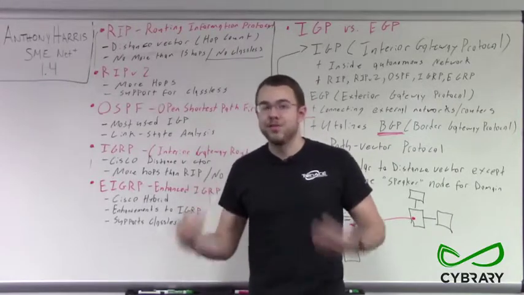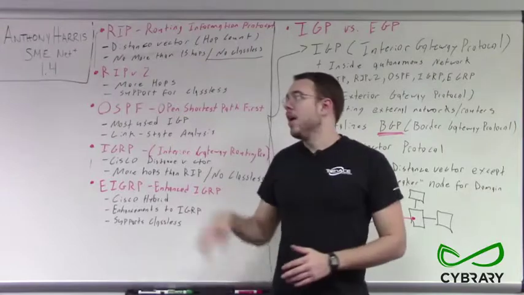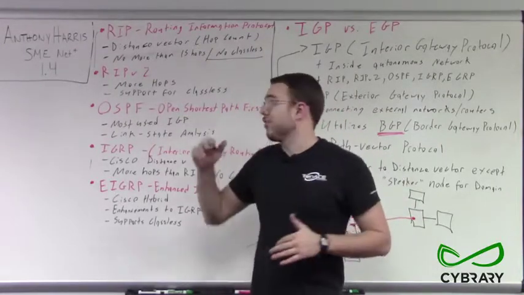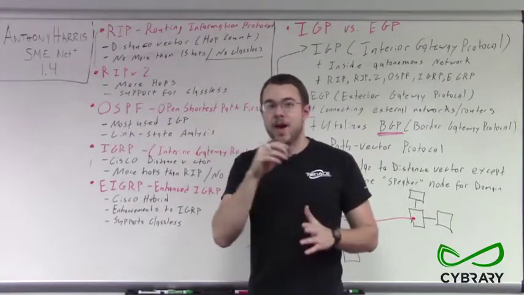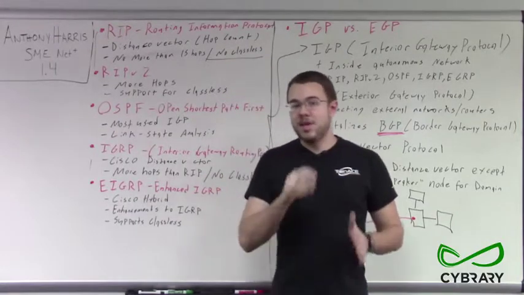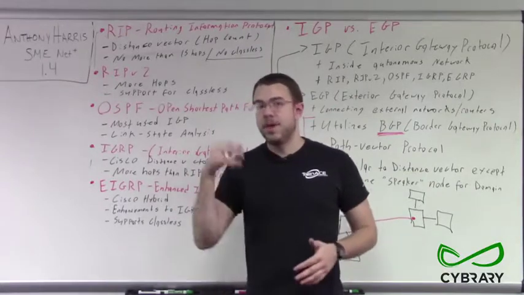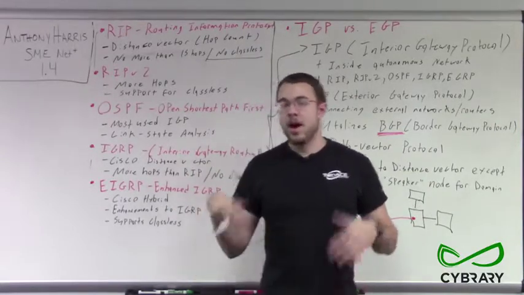They can only handle classful addressing, which is our standard subnets: Class A 255.0.0.0, Class B 255.255.0.0, and Class C 255.255.255.0.